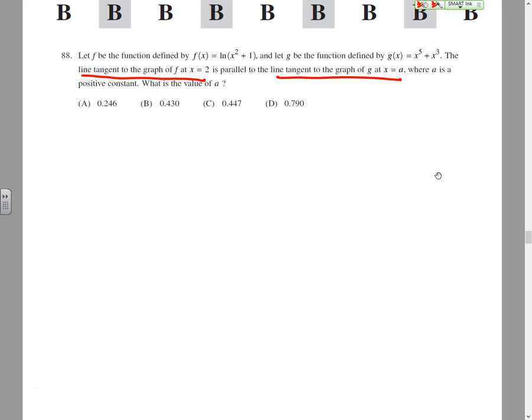Now, wait. Parallel. What does parallel mean? Same slope. So can't I say, when will the derivative of f at 2, because it says at 2 for f, right, equal the derivative at a? Because this one's at a.